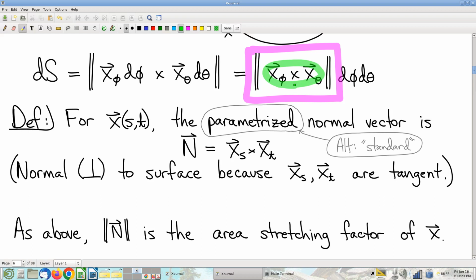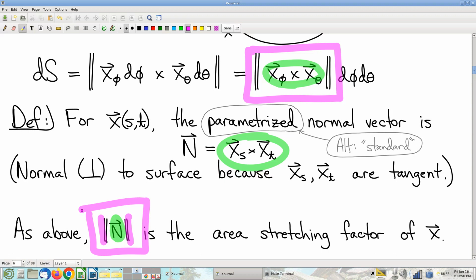I've got that written in terms of phi and theta because we were looking at that specific spherical example, but in general, that is generalized by this general form here, xs cross xt. This vector gets used a lot, not just as the vector whose magnitude gives me the stretching factor, but also for other purposes that we're going to see as we go further into Chapter 7.